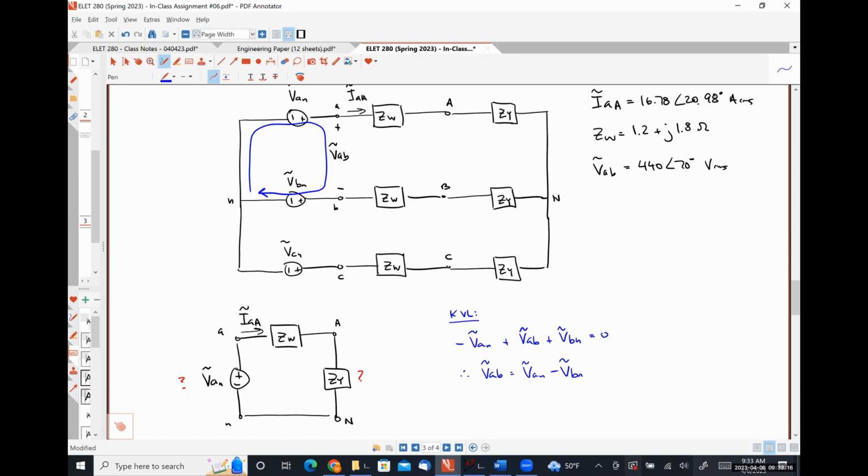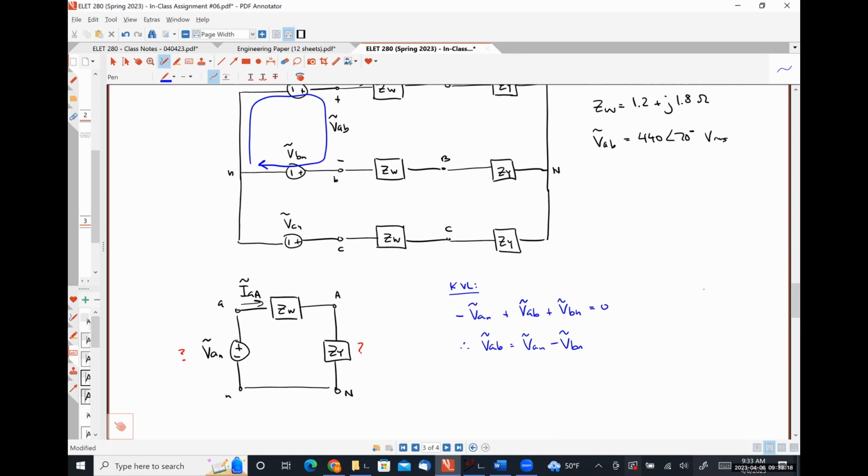So I could write this as VAN times (1 minus 1 angle negative 120 degrees). Somebody tell me what 1 minus 1 angle negative 120 degrees is.